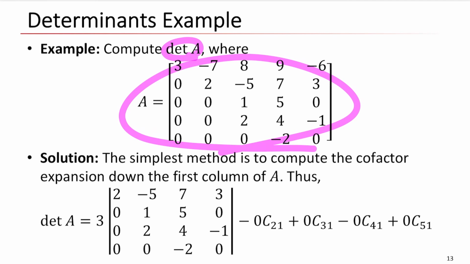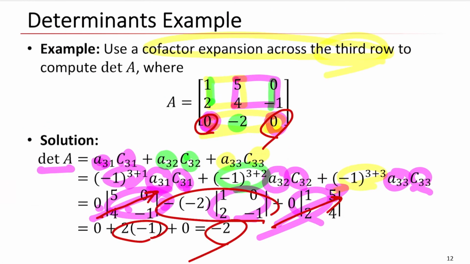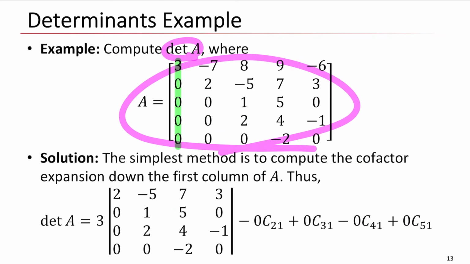But interestingly, if we consider this column, something like this, they are all 0, right? So in other words, this term will be 0.